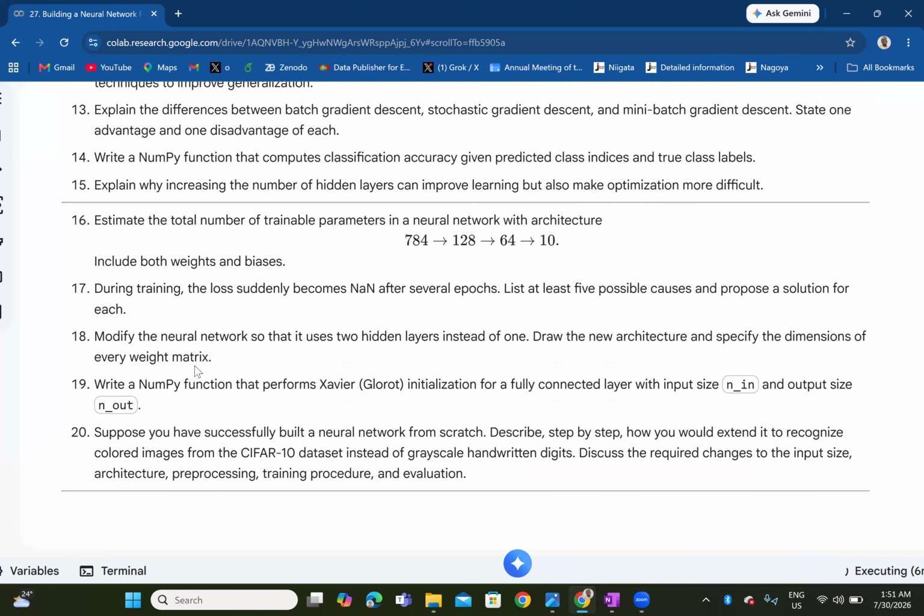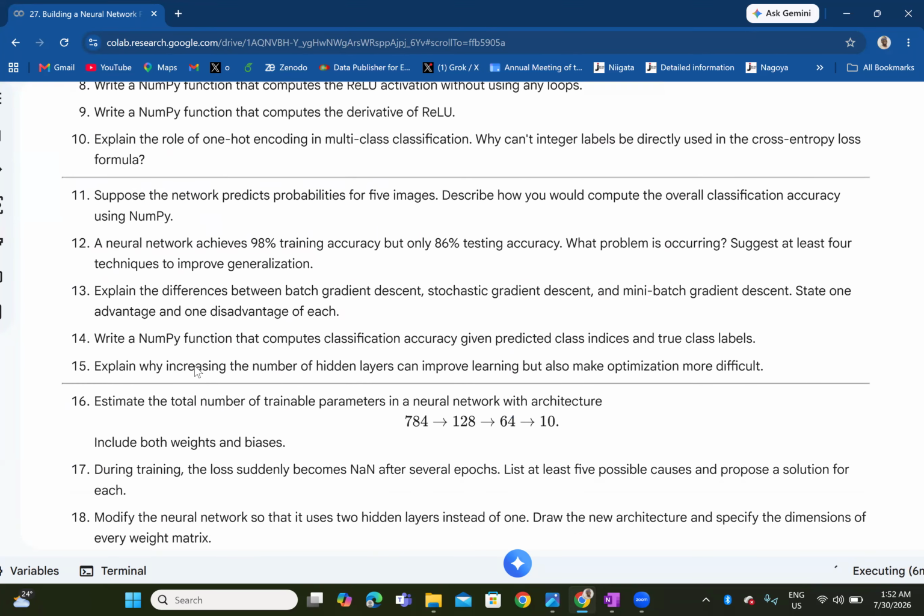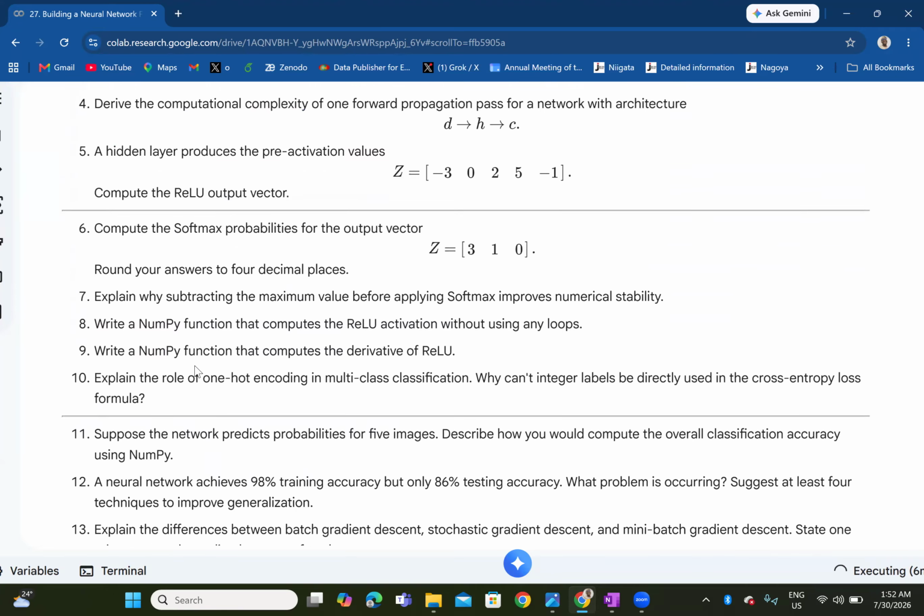Okay, looks like 6. Yeah, I'll be taking care of 6. Compute the softmax probabilities for the output vector z equals 3, 1, 0. Then after 6, we'll also deal with 16. 16 is estimate the total number of trainable parameters. So 6 and 16 here.